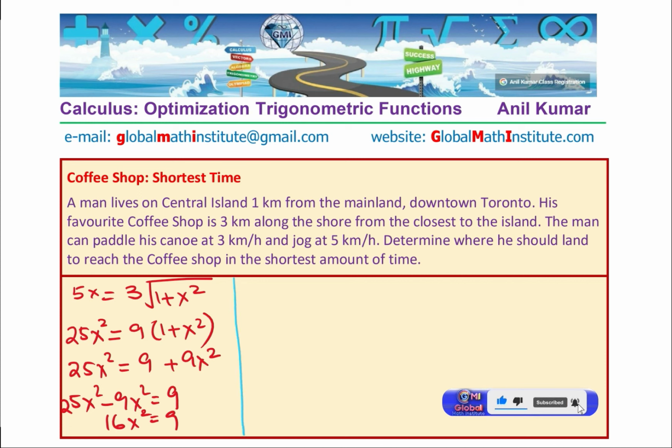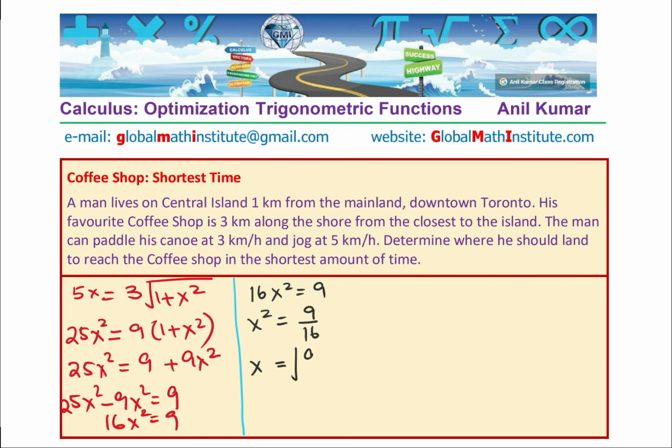So let's continue. 16x square equals to 9 means x square is 9 over 16, or x is going to be positive, right? Square root of 9 over 16, which gives you the value of 3 over 4, correct? So x is 3 over 4.